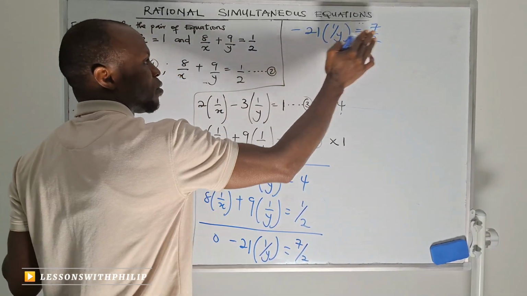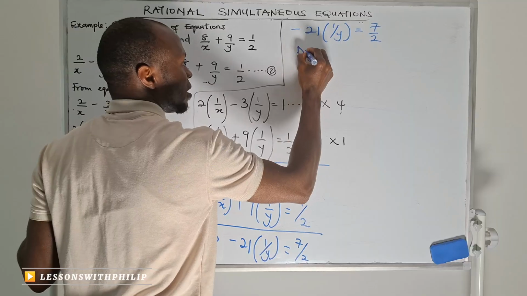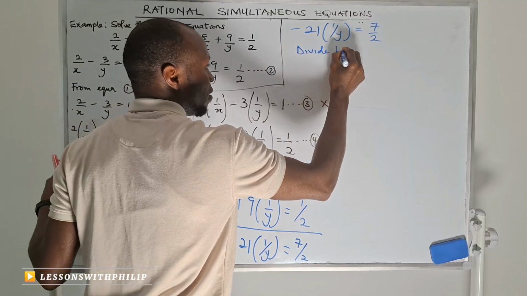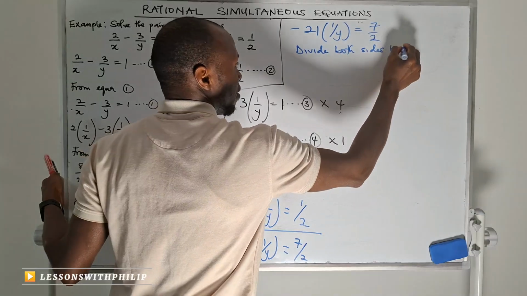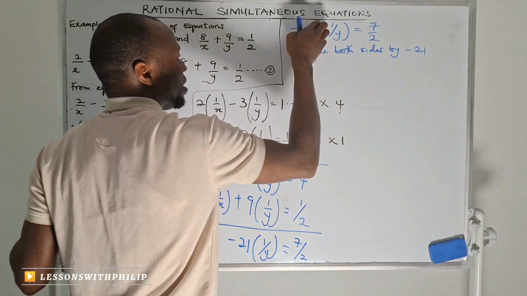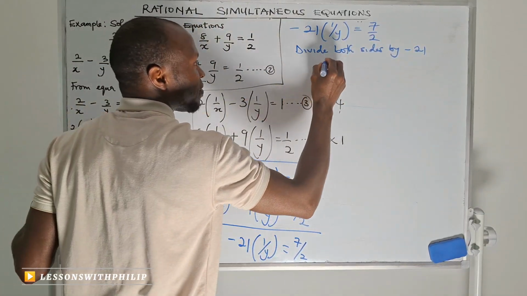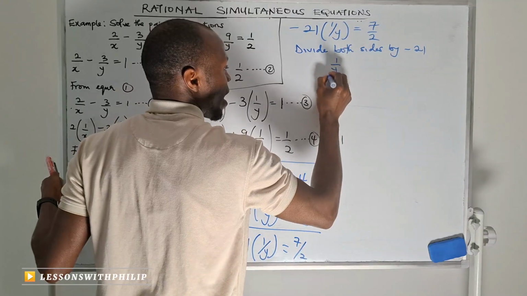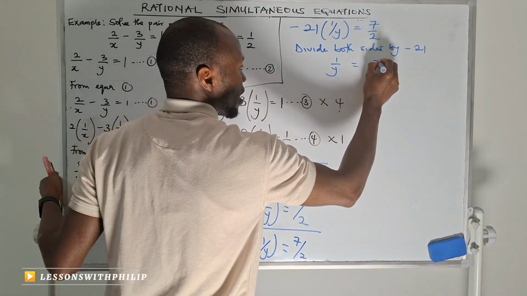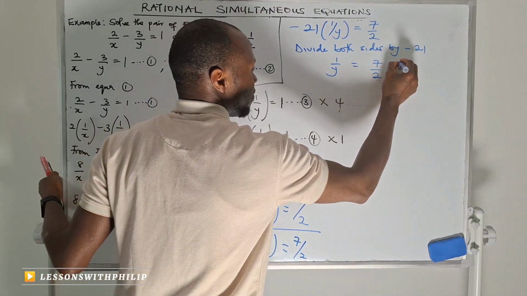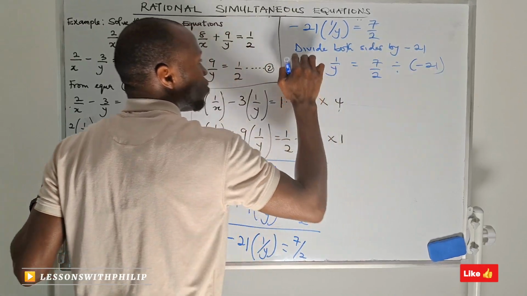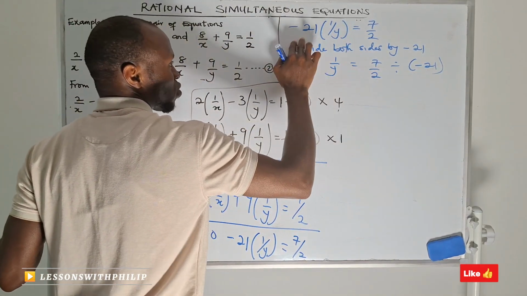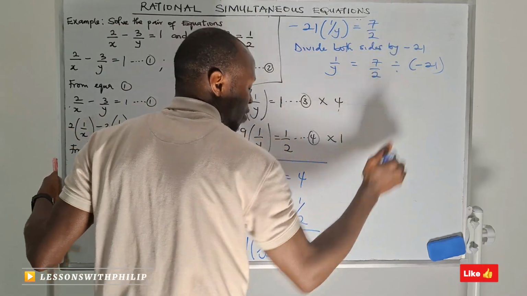I can divide both sides by minus 21, so that I eliminate this minus 21. So I have 1 over y equals 7 over 2 divided by minus 21. I've divided this one by minus 21, then I divide that one by minus 21.